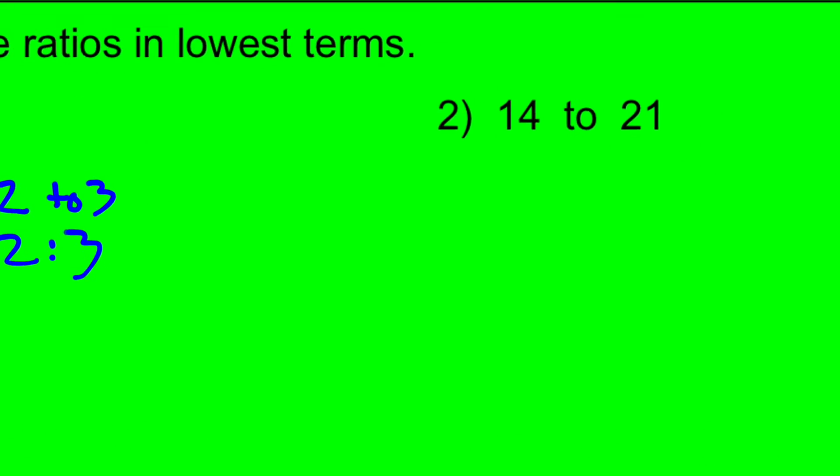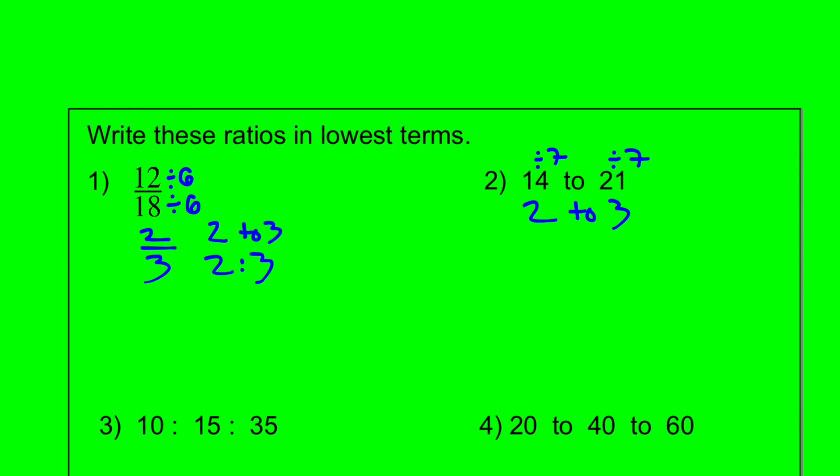This ratio here, we have it written as 14 to 21. So to put it in lowest terms, you need to find the greatest common factor of 14 and 21. I believe it's 7. 2 times 7 is 14. 3 times 7 is 21. So you could divide by 7, and you would get 2 to 3. Just like the previous one.